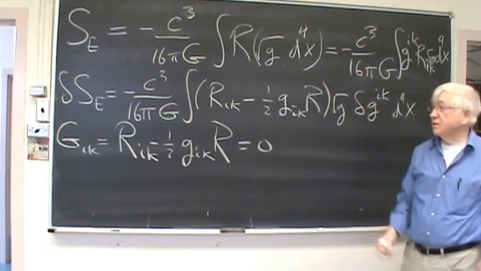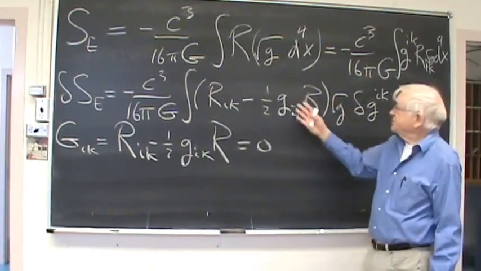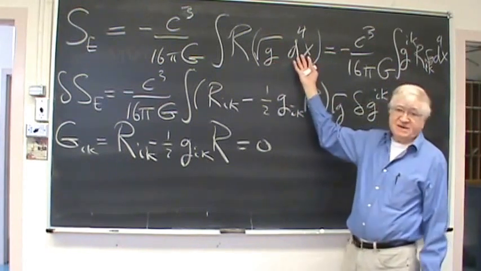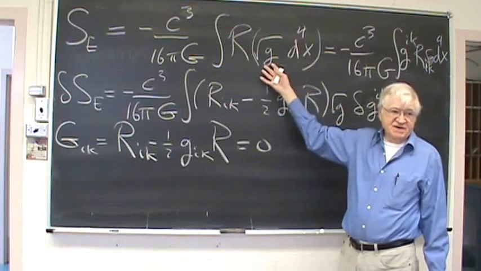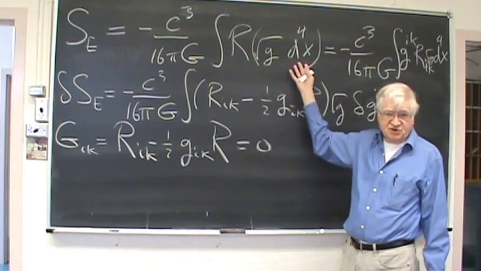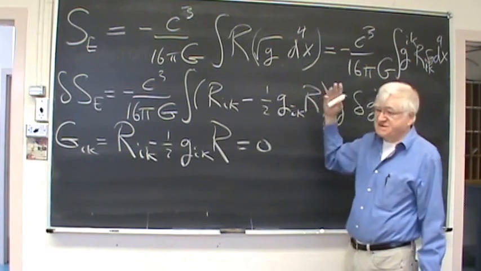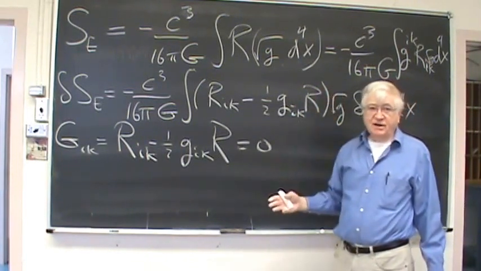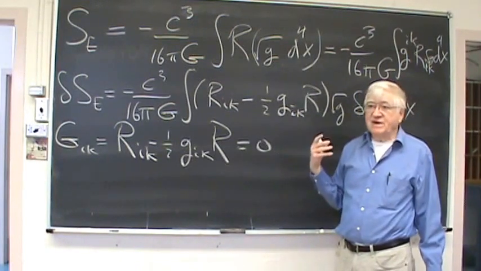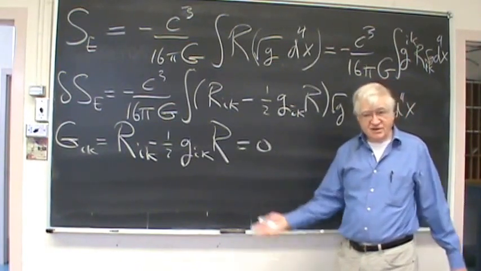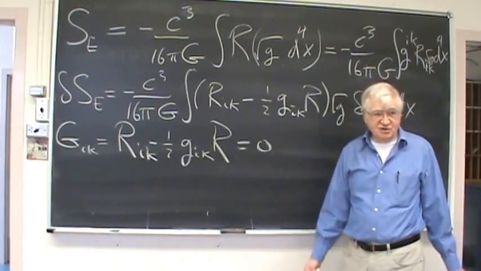Now, let me just say a few words about this Einstein action. What you see is you've got to have something integrated d fourth x, but you want d fourth x to be a scalar, so you multiply by square root of g. Then, what's the simplest scalar that you could think of that would have something to do with the curvature of space-time? Well, duh, it's the scalar curvature.